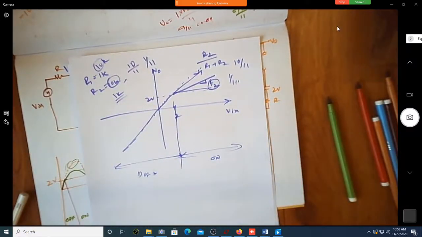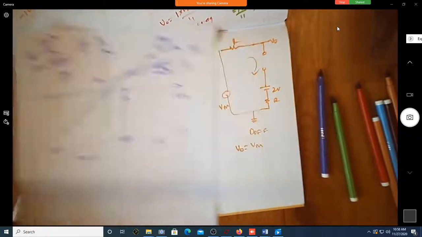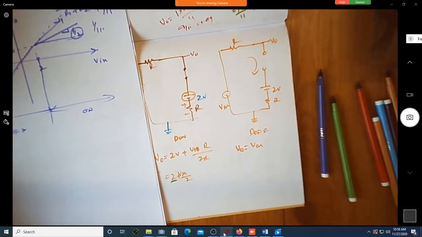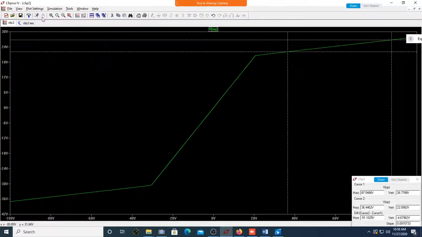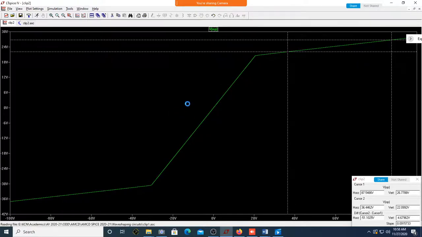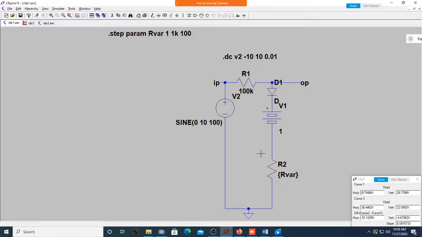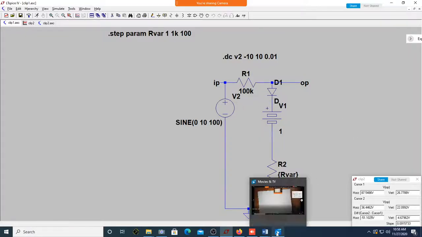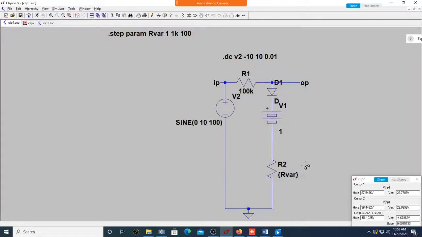Fine, sir. I have maybe another 2 minutes. Let me just show you one simulation. Okay, this is a bit complicated one. Let me show you a simple one. Okay, clipping circuit. I will just remove this. Sir, it's not visible.